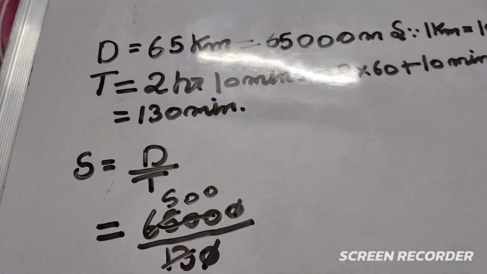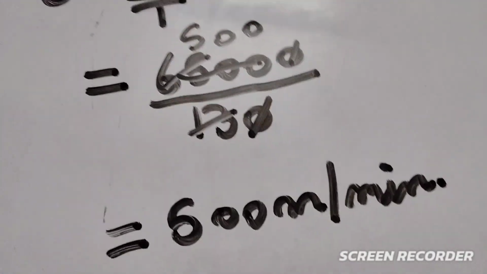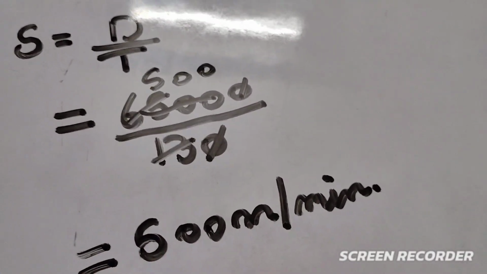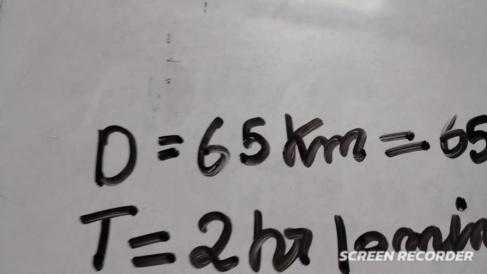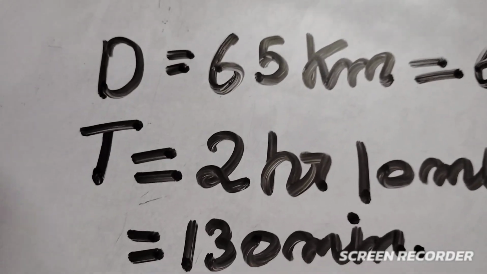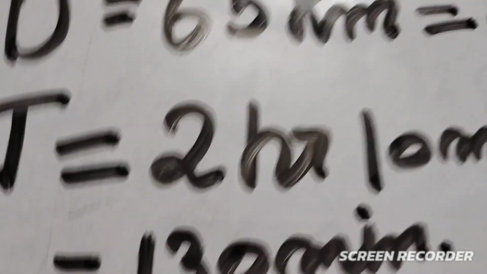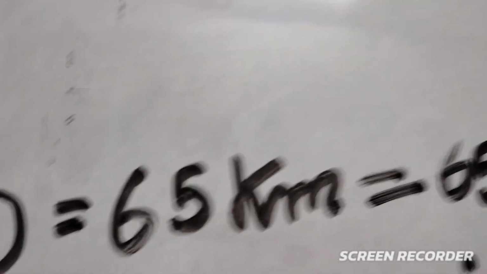Okay, we have all done, so this sum is also completed. If we all want to see this, the distance given is 65 kilometer and the time is 2 hour 10 minutes, but we have to find the speed in meter per minute, so we have to convert kilometer to meter.